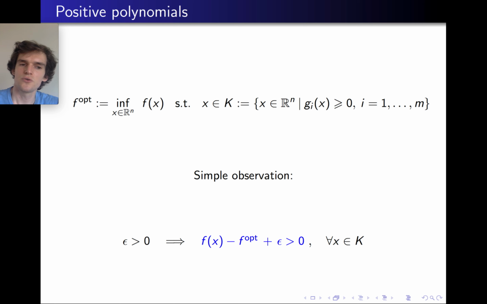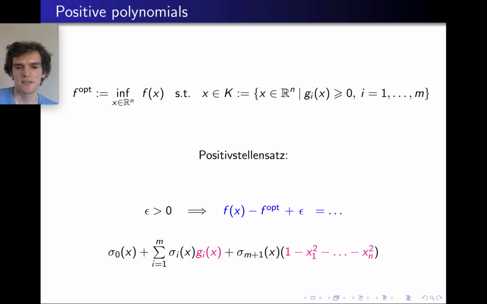Okay, and so now we can apply this theorem to the observation that we've made. Effectively, we can apply it to this function here. This function is positive, so we can decompose it as a sum of squares expression, and that's what we're going to do here. It's positive, so you can write this weighted sum.